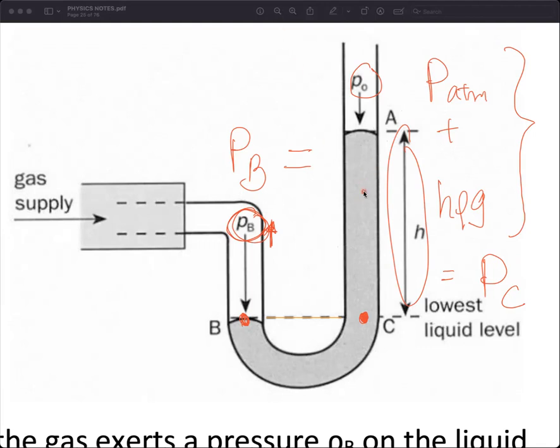On the same level, they have the same pressure. Anything below here is greater pressure. Anything above here is lesser pressure. But given the same liquid at the same level, they have the same pressure. Is that clear?